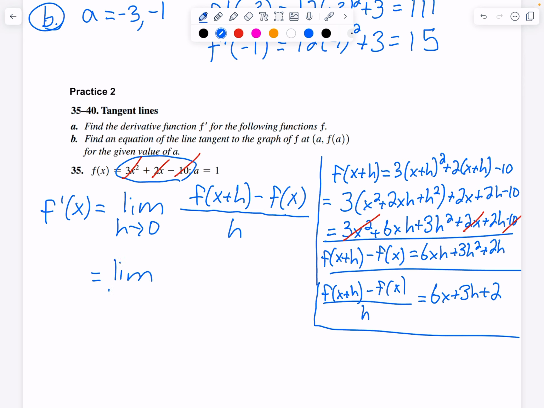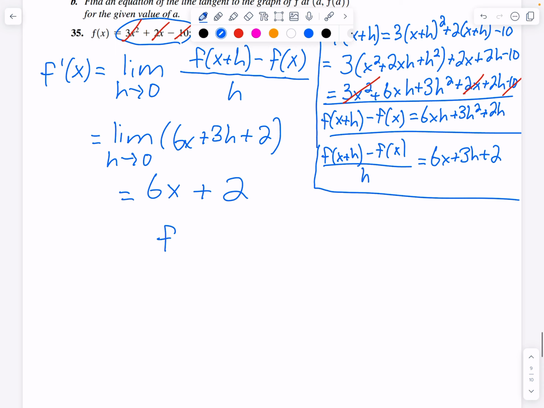The limit as h approaches 0 of 6x plus 3h plus 2. And you can see I'm going to let h be 0 now, and I'm going to get left with 6x plus 2. All right, so we just found a function, f prime of x is equal to 6x plus 2. This was A.